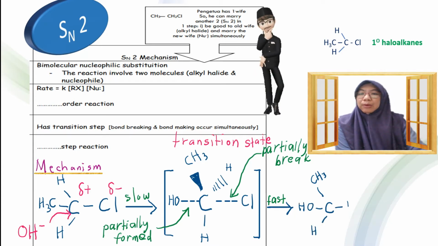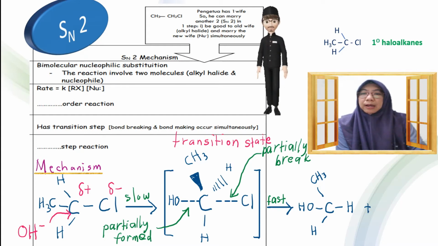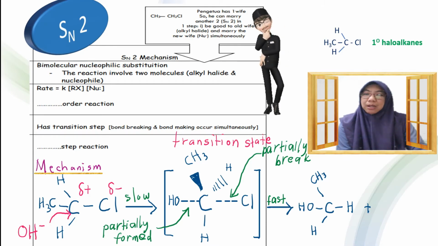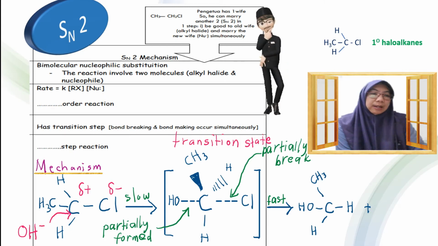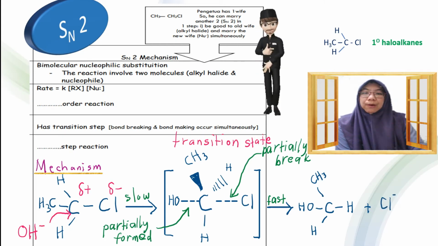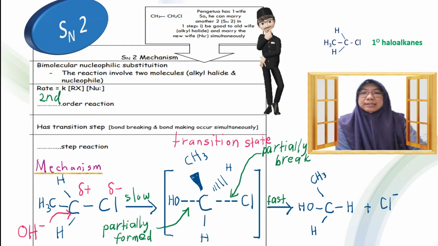Now, when we want to write the rate equation, rate equals k[halide][nucleophile], because in this reaction there is only one step involving two molecules, the halide and the nucleophile. That's why this is a second order reaction, with RX and the nucleophile. It also has a transition step, which we call the activated complex.